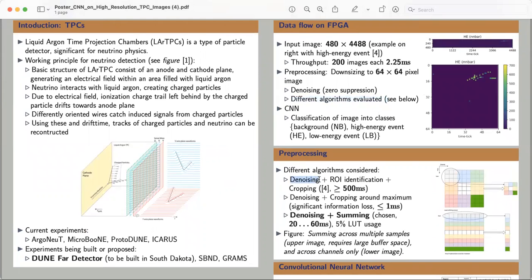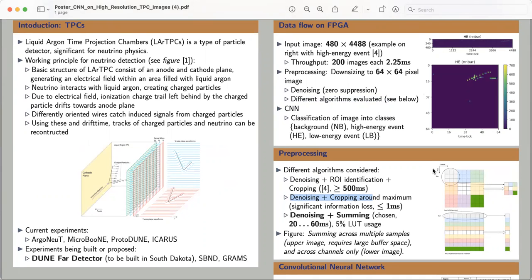For example, denoising, identifying the region of interest and cropping around it. However, we saw that on FPGA it takes a fairly long time, almost half a second. So we also considered denoising and cropping around the maximum, so just looking at the maximum pixel, which is a very quick algorithm but not very accurate. We would lose a lot of significant information.